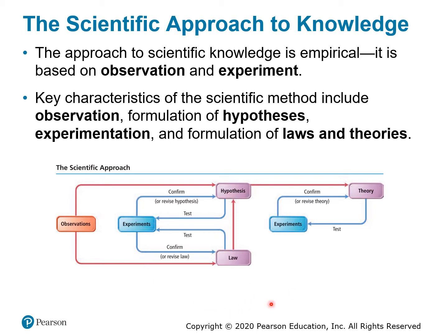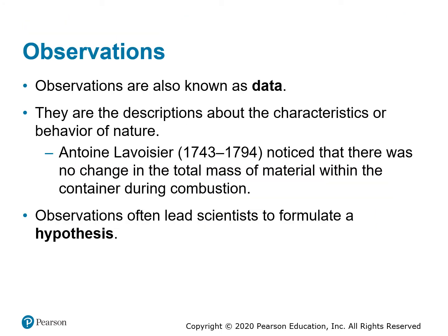When results are confirmed repeatedly, you can form laws, and when hypotheses are confirmed, you can formulate theories, which are again tested by performing experiments. If any observation changes, then the theories can change. So let's look at each in detail.